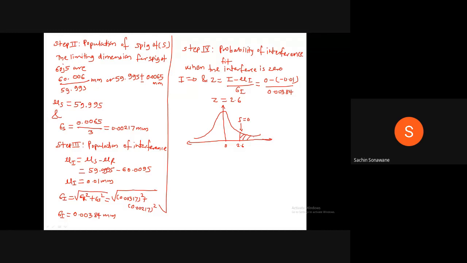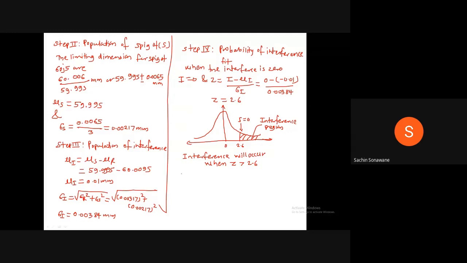If Z is greater than 2.6, this region is known as interference region. Therefore, you can write down that interference will occur when Z is greater than 2.6.